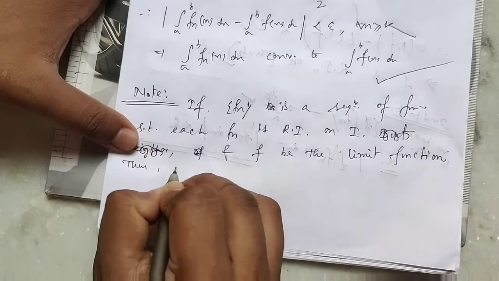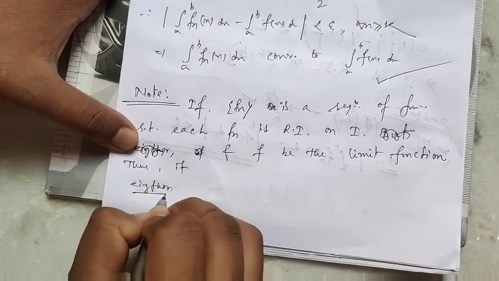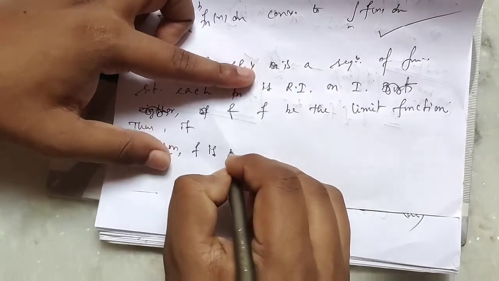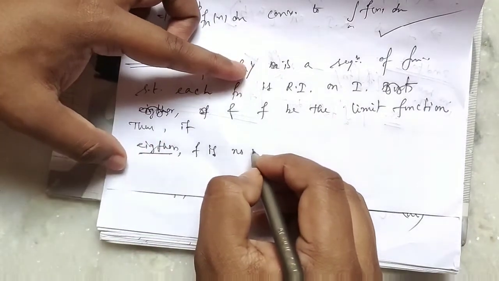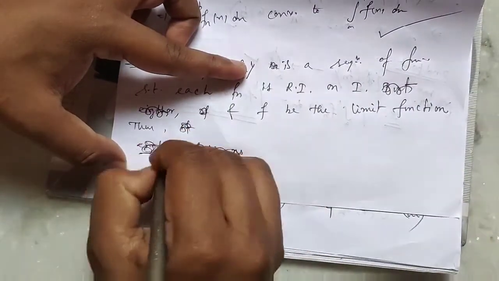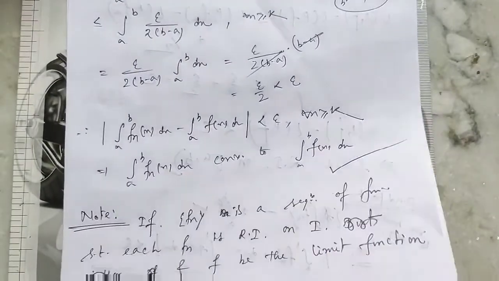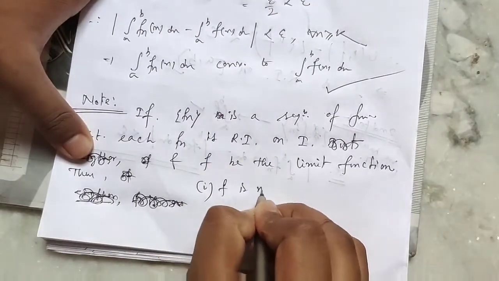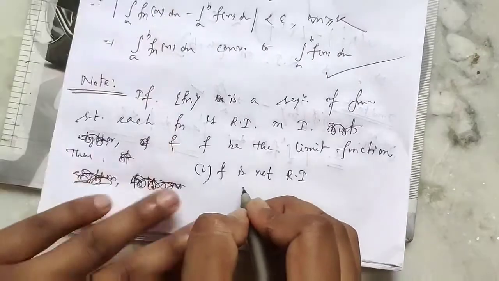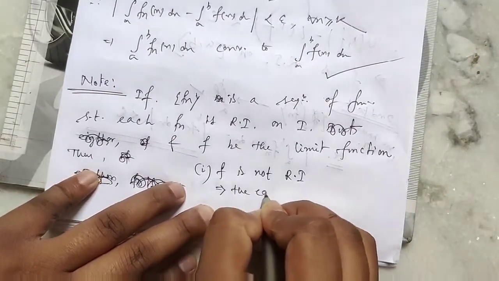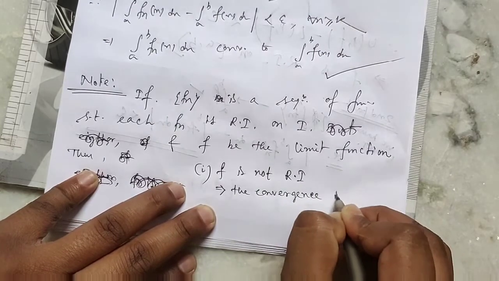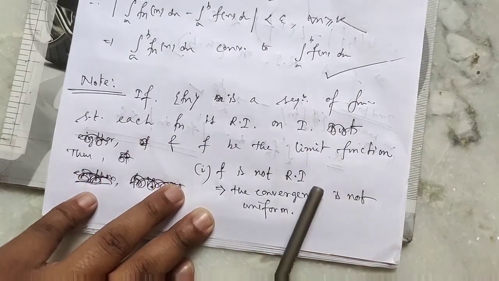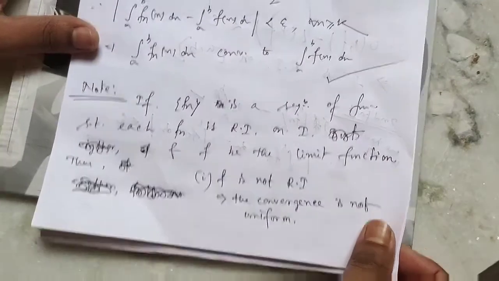then, number one, if f is not Riemann integrable, this implies the convergence is not uniform.